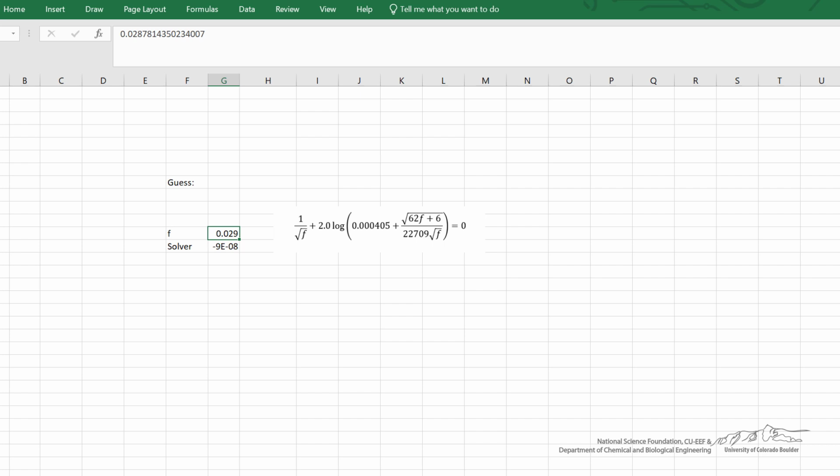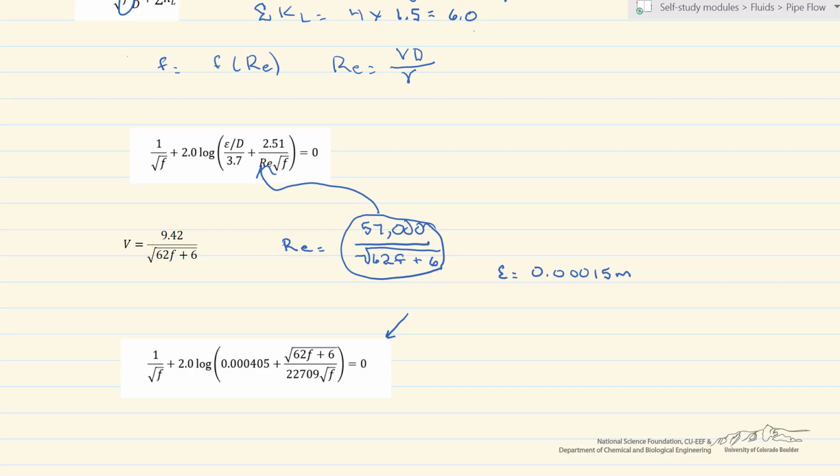So what do we do with this friction factor? Well, we put it back into our expression for velocity. So when we put 0.029 back into this expression for our friction factor, we're able to solve for our velocity, which is equal to 3.37 meters per second.